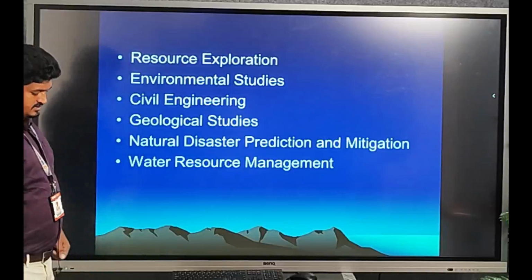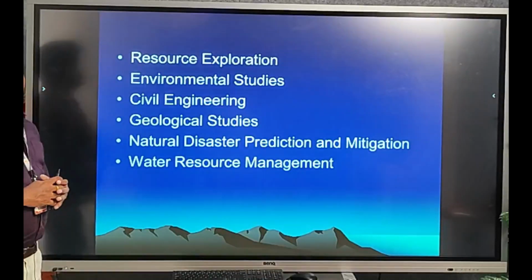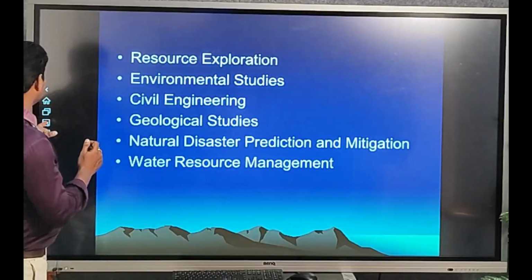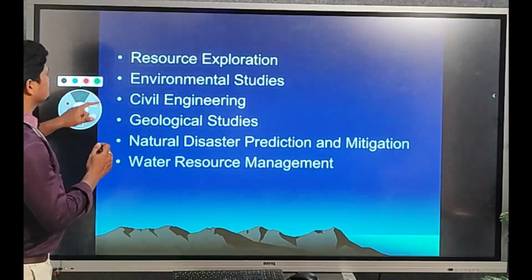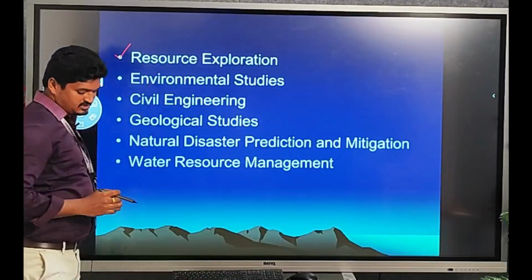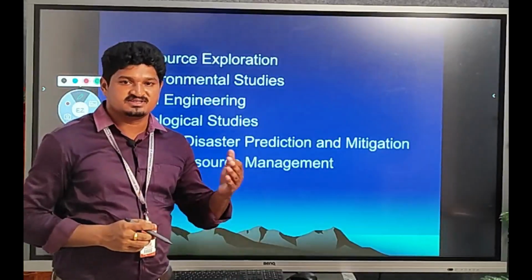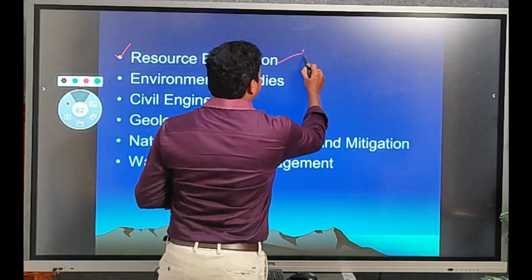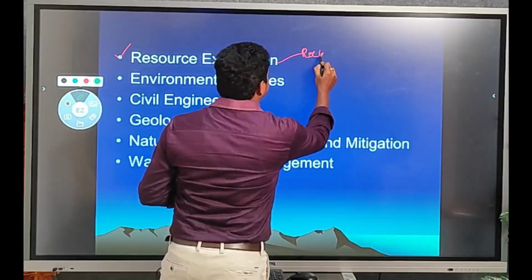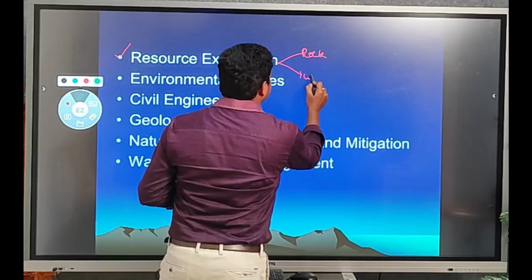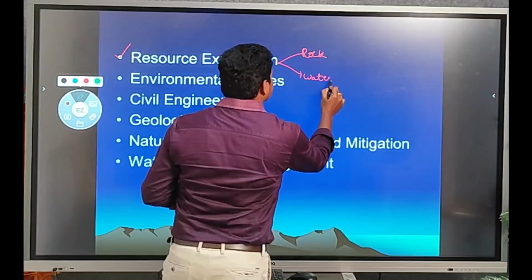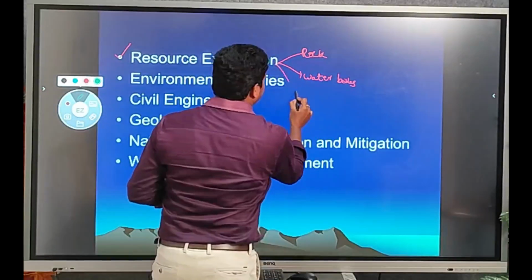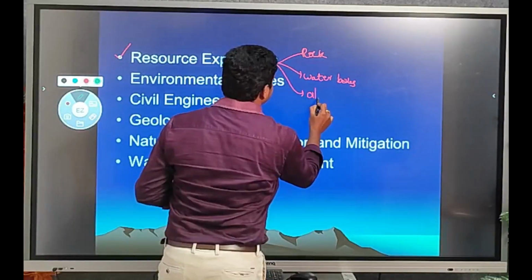These are the applications we are able to know about while using geophysical methods. One is resource exploration. What is resource exploration? It means finding different types of rocks and minerals, different types of water bodies, and different types of oil and gas in the subsurface.